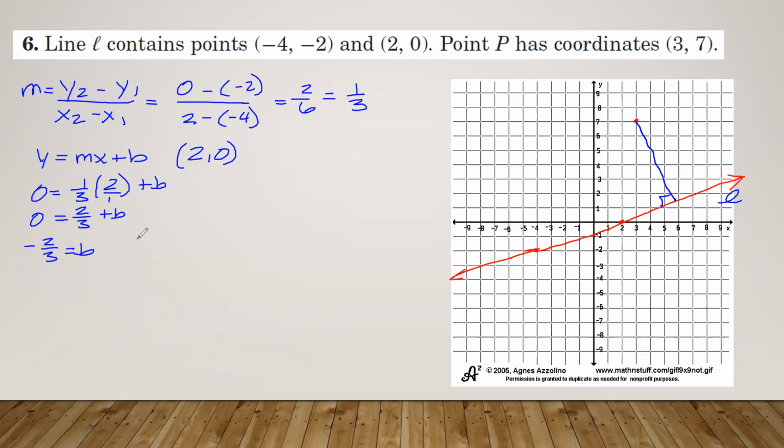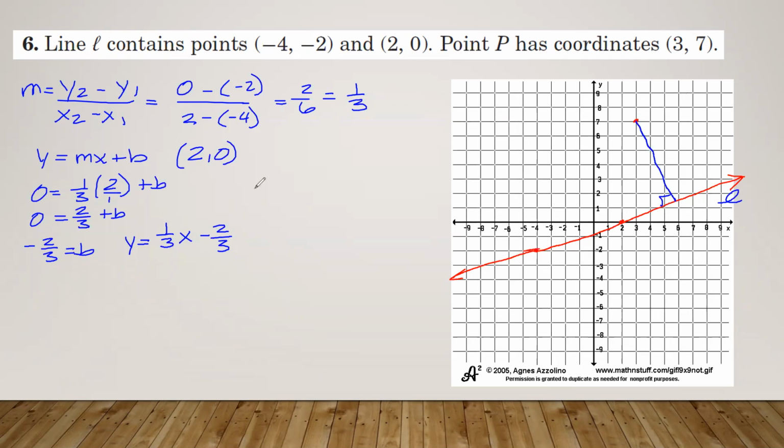So my equation is y equals m, which I know is 1/3, x minus 2/3, which I just found out was b. Then that is the equation of this line here. So now we want an equation for a line that goes through this point.